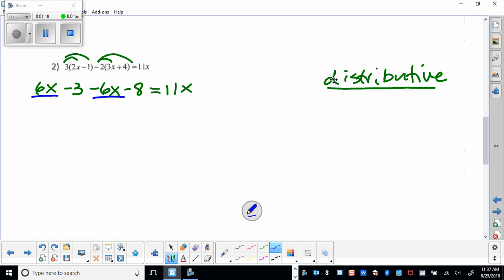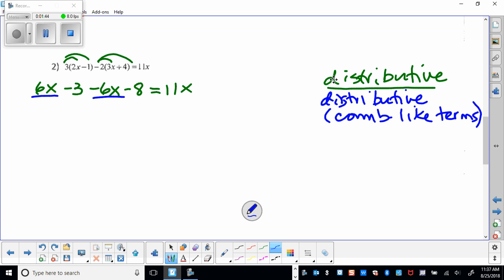Well, that is actually combining, that's tricky because, you know, combining like terms is actually this distributive property. Distributive property, okay? Combining like terms, that's the distributive property.